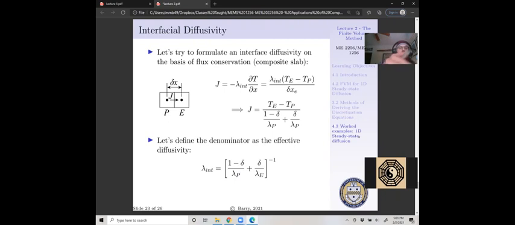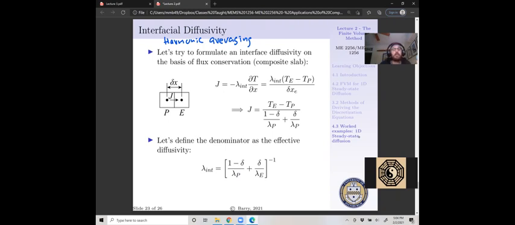Now, what we're gonna do is get a little bit clever. And we're gonna do something called harmonic averaging. Now, let's just go back to our definition of a flux, right?